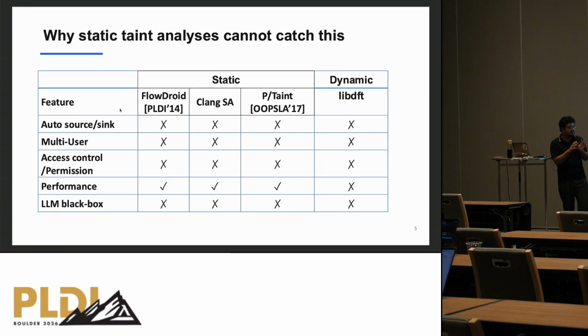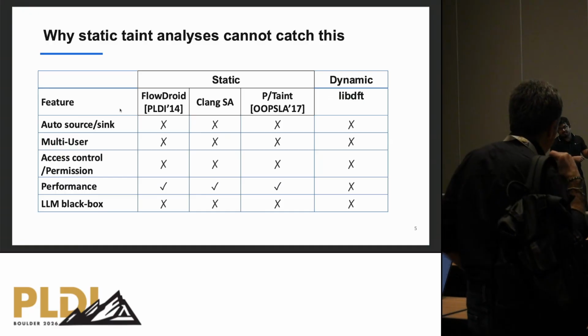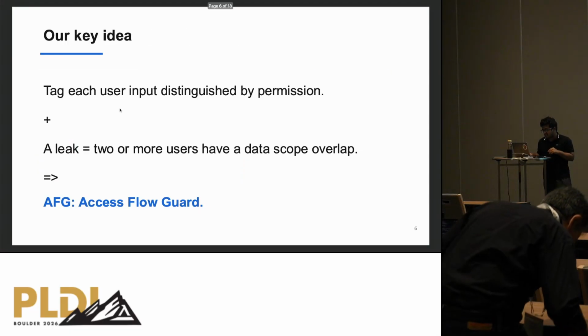You don't realize that it can be vulnerable. You have no idea what is happening inside these LLM API calls. So we consider this a black box, and we are also trying to solve this LLM black box situation here. None of these existing tools consider the LLM black box as a critical thing, because at that time LLMs were not a thing.